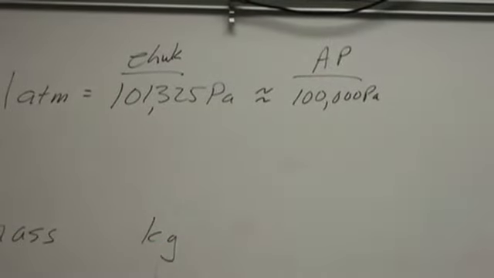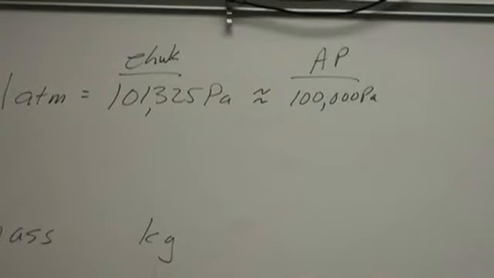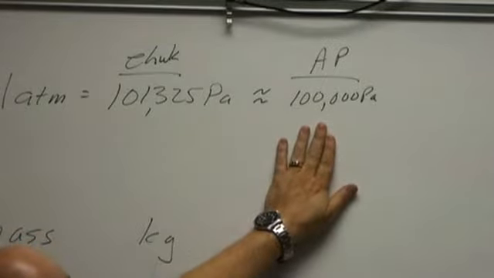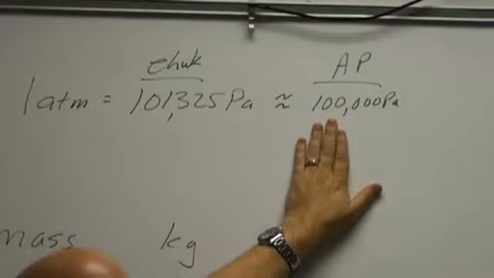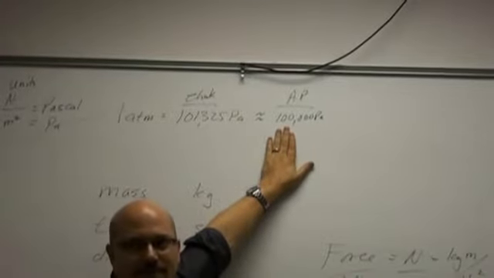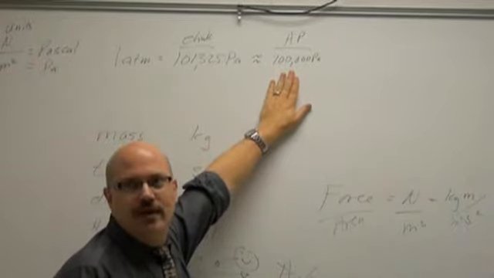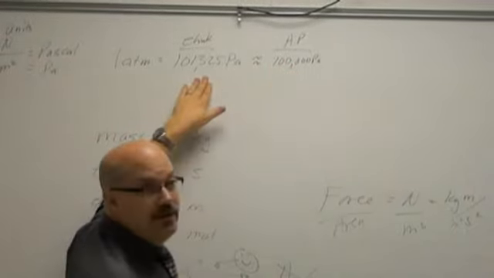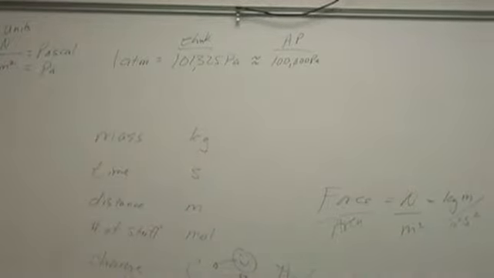They use that because it makes the math simpler when you're doing multiple choice. But you can't use this on e-homework because that's a little over 1% different, so you'll get your e-homework wrong. So on the AP test you use this, on e-homework you use this. Okay?